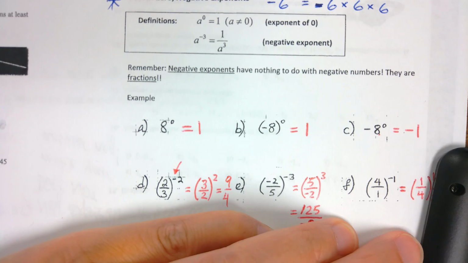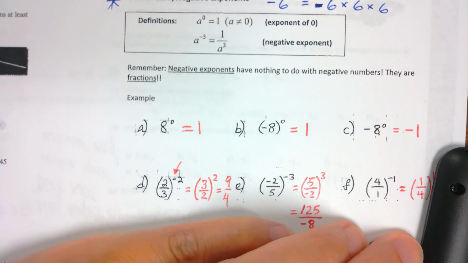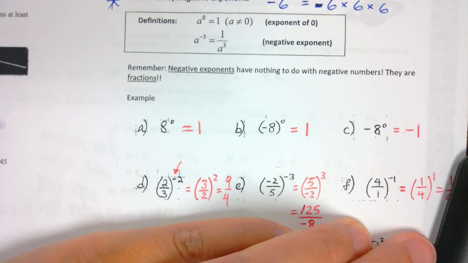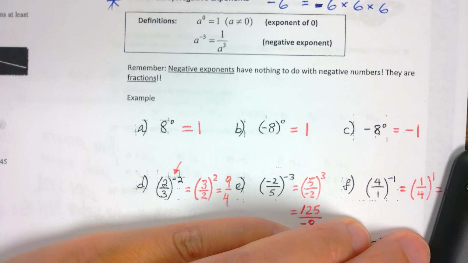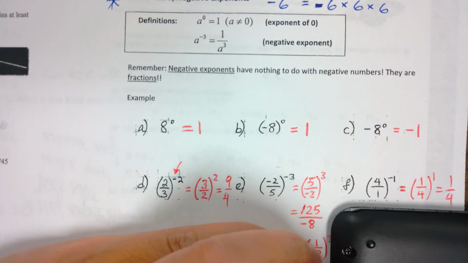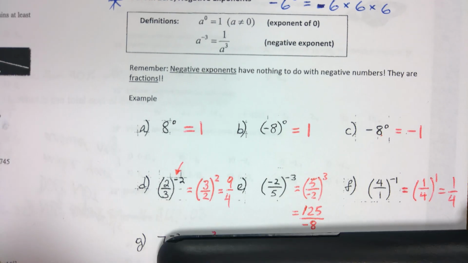Instead of -1, it's just 1. Good. And what's anything to the power of 1? Yep, the number itself. So it's just 1/4. It's like you're telling it to times it by itself one time.